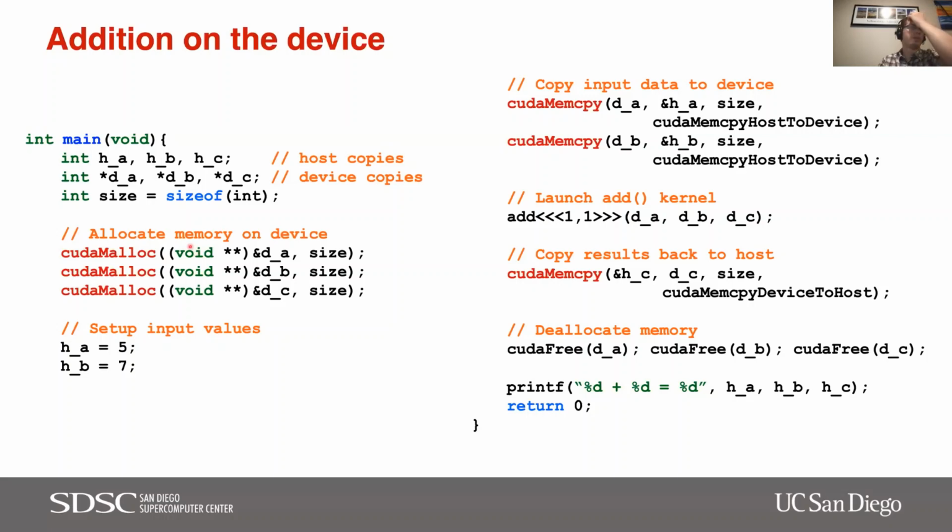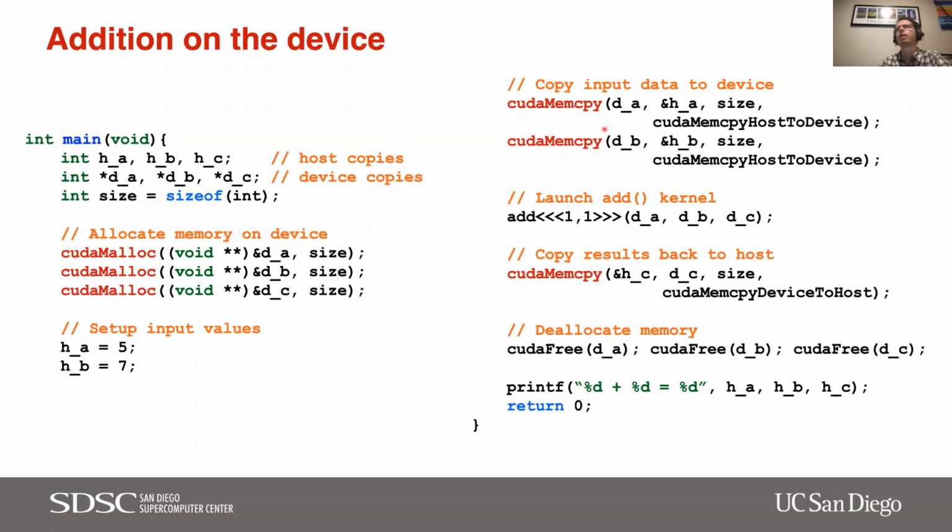I allocate memory on the device, right? So I use the cudaMalloc function, and I get back a pointer to memory that has been allocated on the GPU, and in this case, just a single integer is allocated. So now I have d_a, d_b, and d_c pointing to the memory address of an integer on the GPU, right?